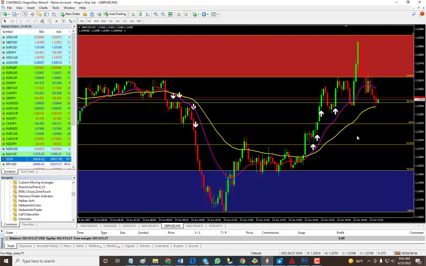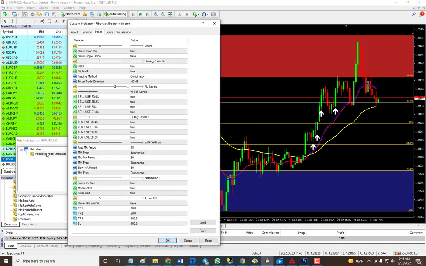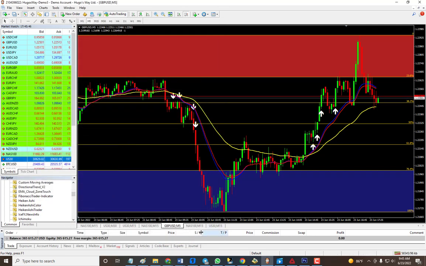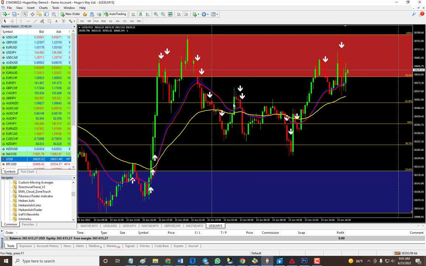Here are the levels, and whatever EMAs you would like to use to filter it, you can apply them. So here is how the default looks on NAS 100, and also US 30.